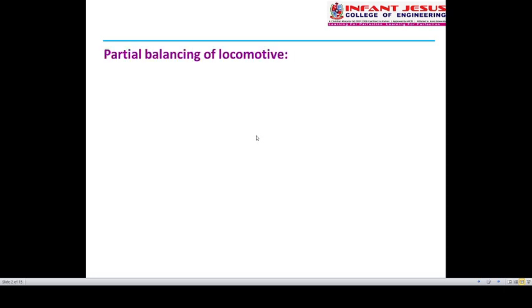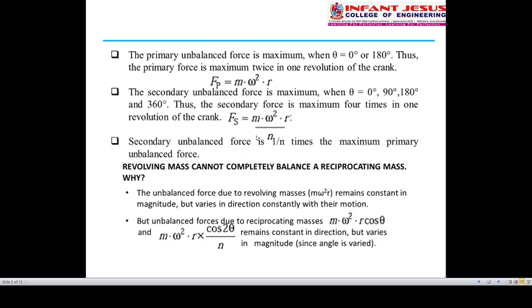The reason is this. The unbalanced force due to a revolving mass is the centrifugal force, calculated by the formula m omega square r.